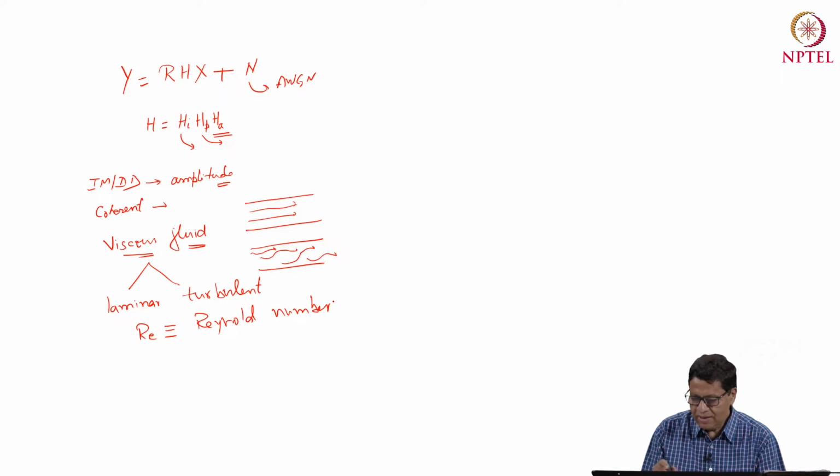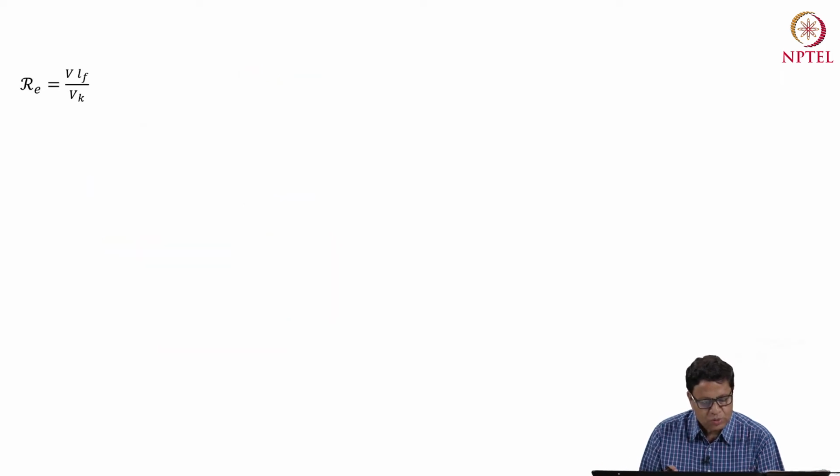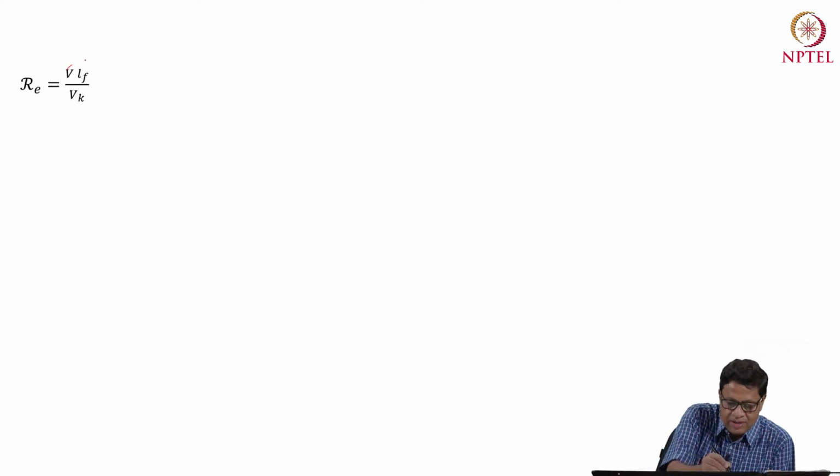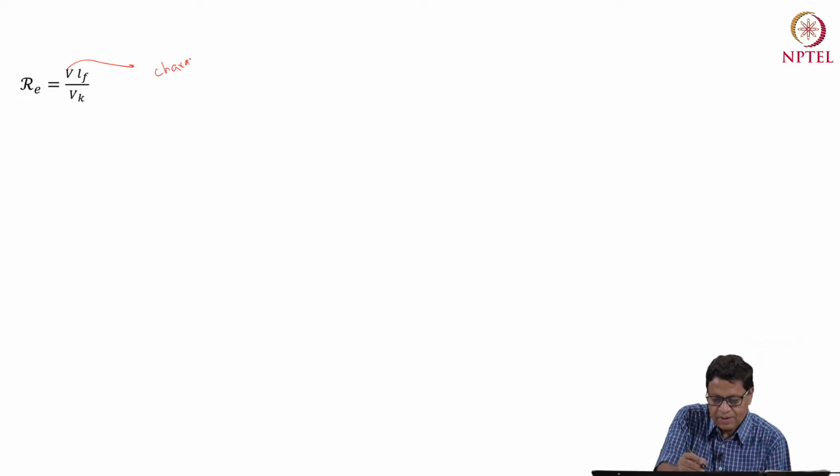So this Re is defined as V into LF divided by Vk, where V is the characteristic velocity, which is given in meters per second.